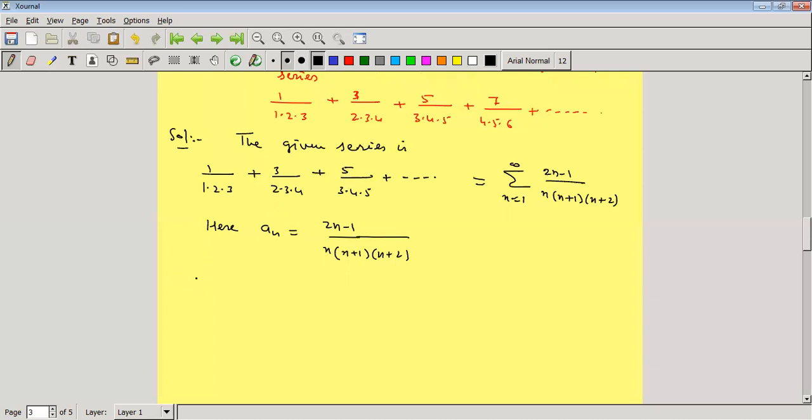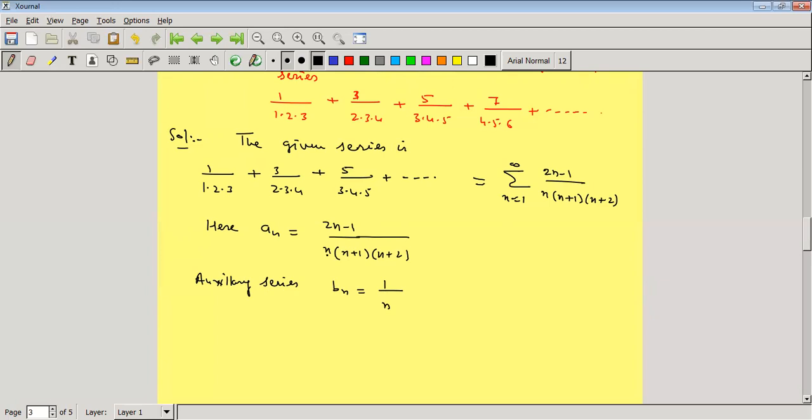So the auxiliary series Bn is equal to, what is Bn? That is 1 upon n to the power p. So n to the power p means p is the degree of denominator minus the degree of numerator.